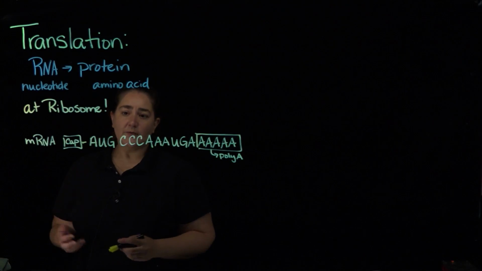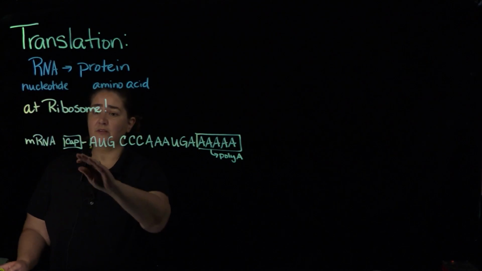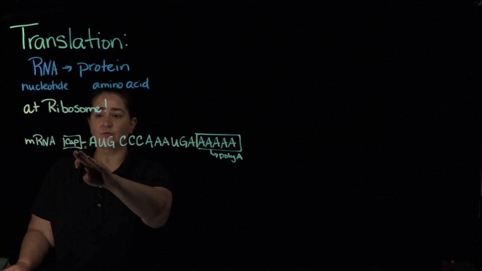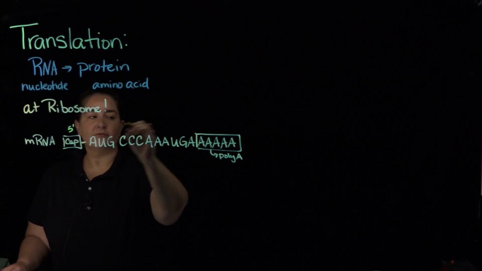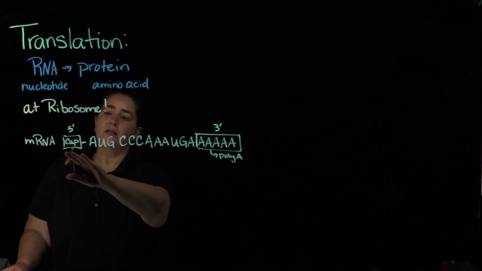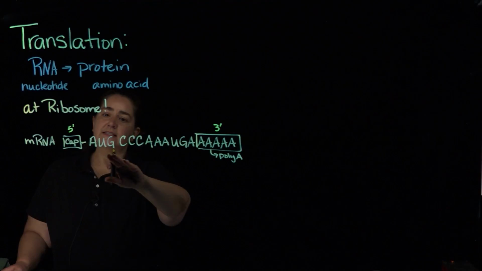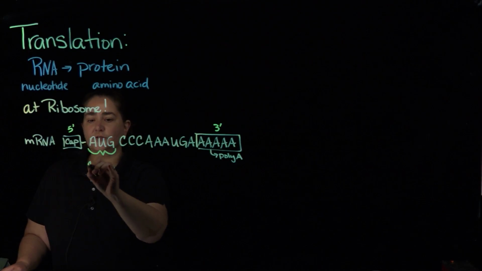Now, the way the ribosome is going to read that messenger RNA, the messenger RNA is going to enter the ribosome. That cap is going to be at our 5' end. The poly-A tail is at our 3' end. That ribosome is going to scan along until it reaches the first codon.